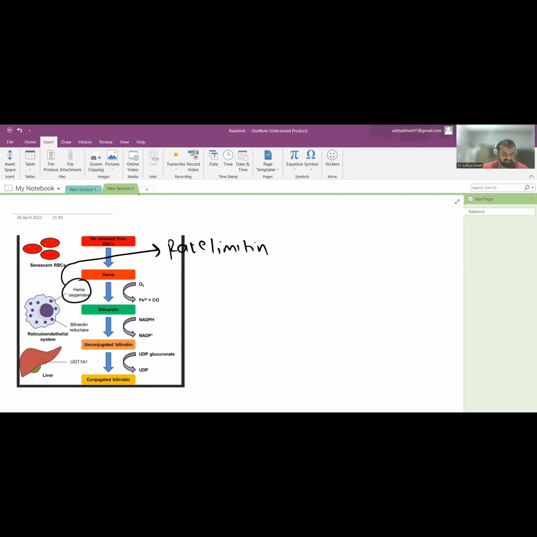This converts it into biliverdin, which is water soluble, while unconjugated bilirubin is water insoluble, while conjugated bilirubin is water soluble.